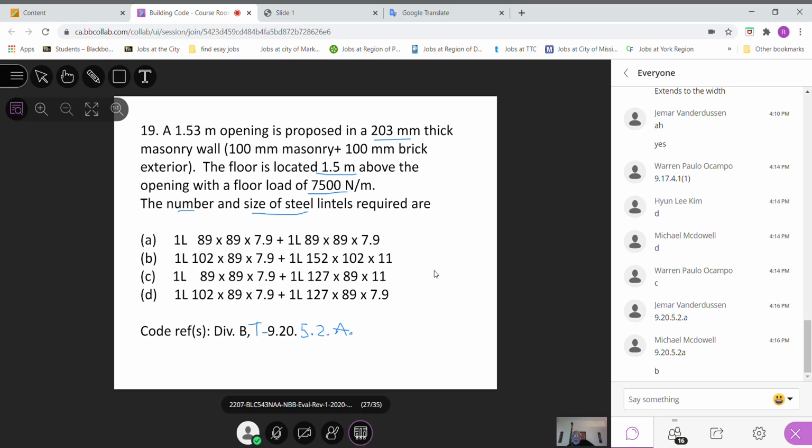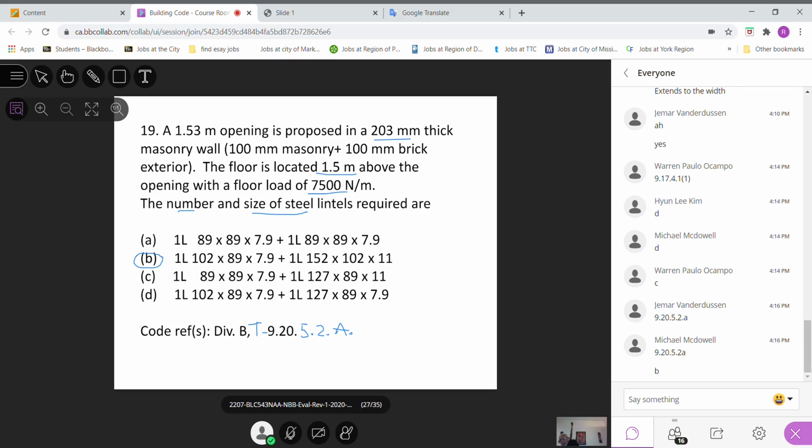The angle, when you go to table 9.25.2.A, the answer came out. If you look at the table, it would be B, based on 1.8. You have to go to the 1.8, and the brick is 100 by 89 by 79.